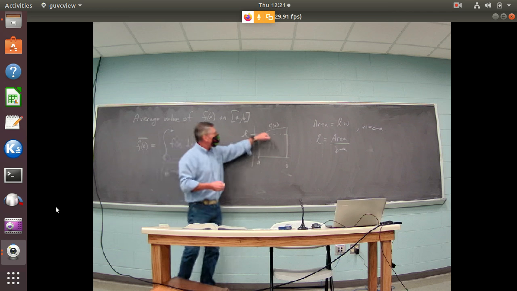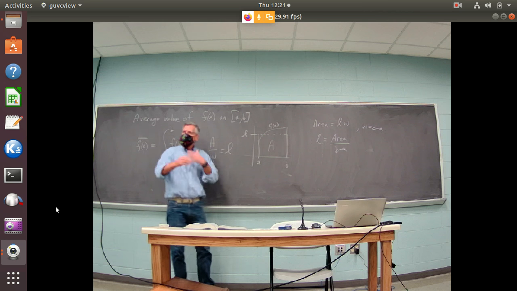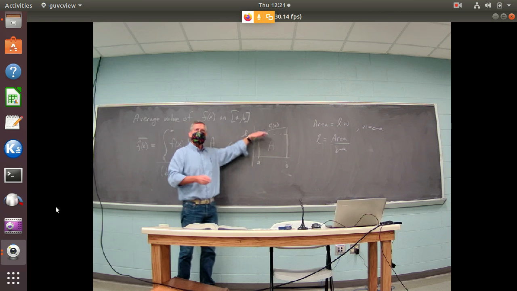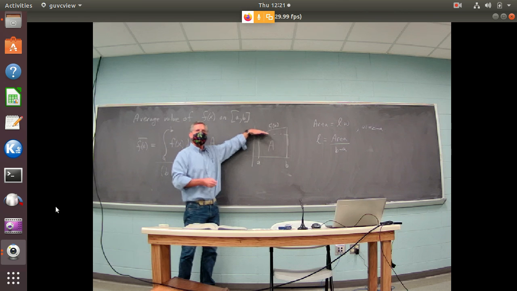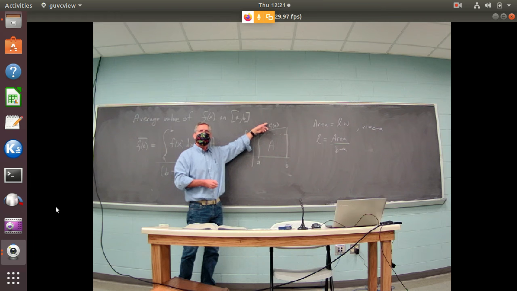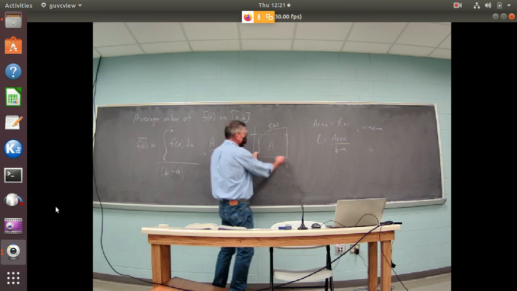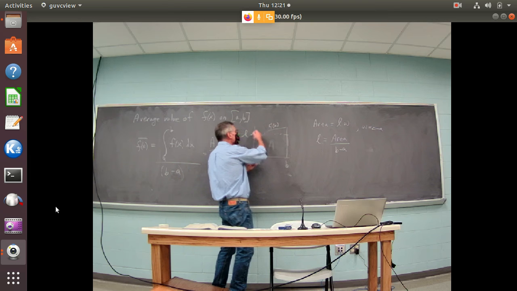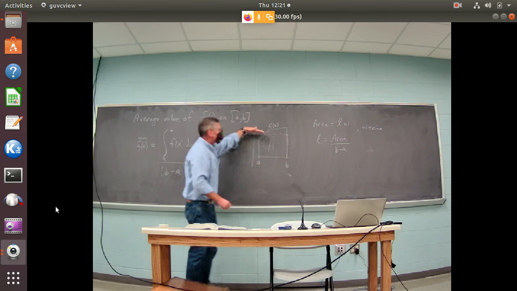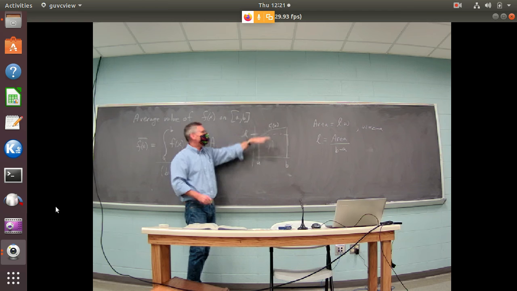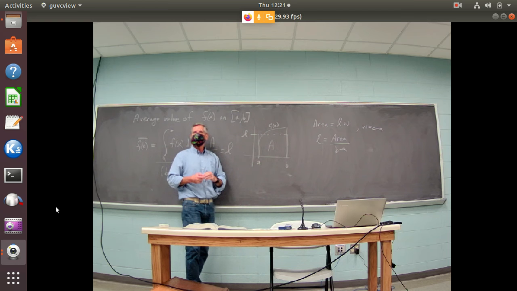And when you think about that, that seems like a relatively decent definition of the average value of a function. Right? Just take, oh, what's the area under there? Divide by that width, and you come up with a number that if I had a constant function, I would get exactly the same area. Seems reasonable.